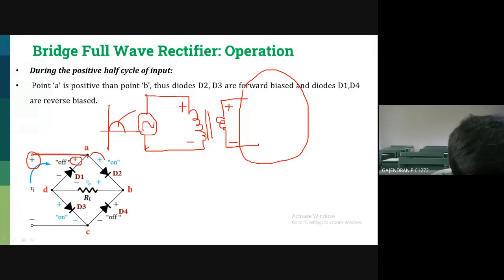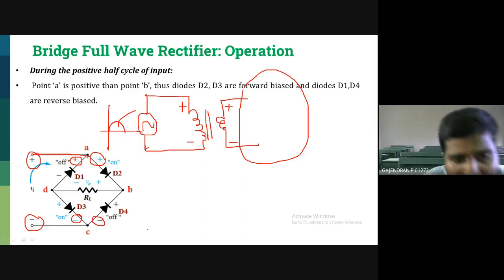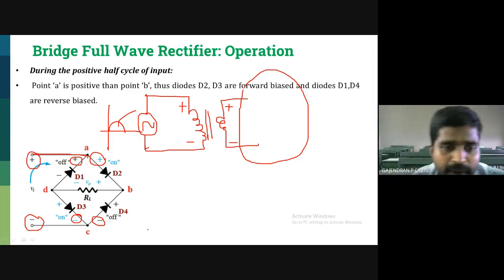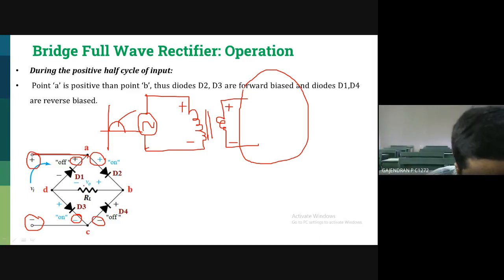These two are positive. Am I correct, sir? Yes. Similarly, if this terminal is negative, what about these two terminals? Negative. ரொம்ப simple. That means if one end of the diode is at higher potential, the other end must be at lower potential.